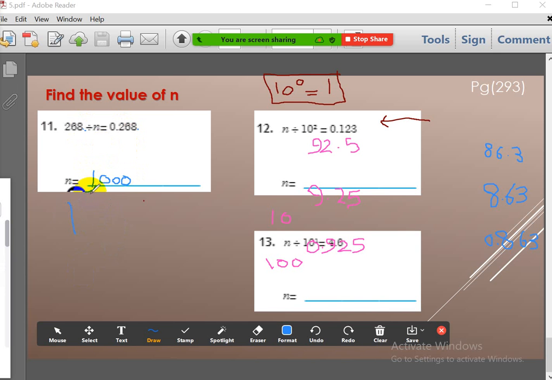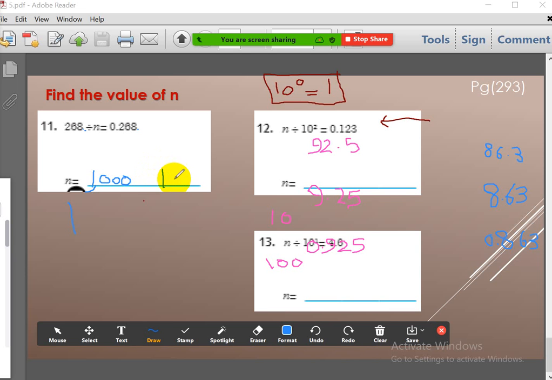Okay, or I can write it as a power of 10. If I want to find n and write it as a power of 10, who will tell me what is the number here? Very good, Larissa and Rila, Lana, thank you.